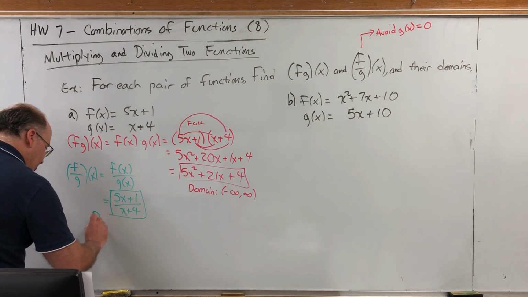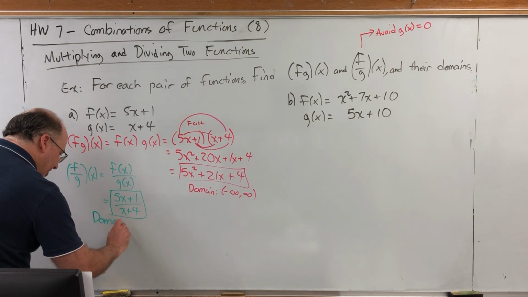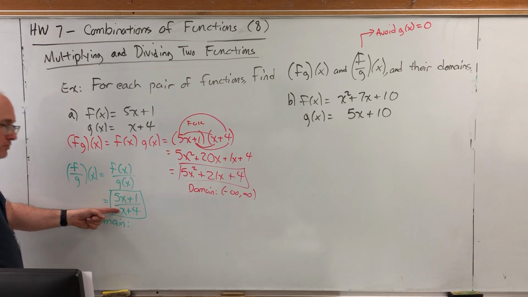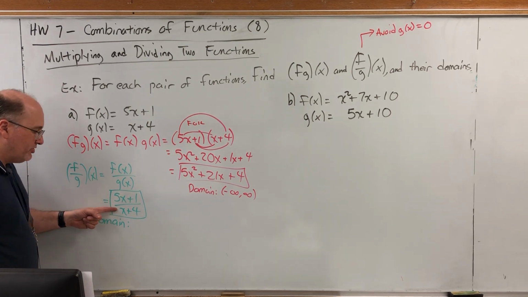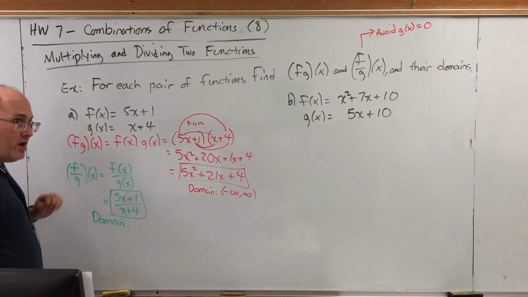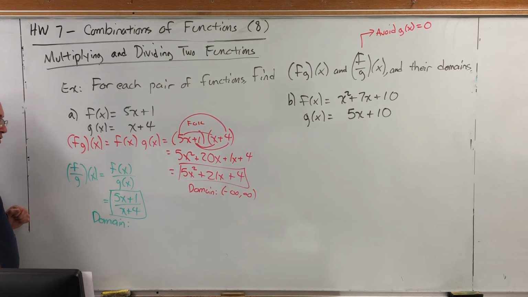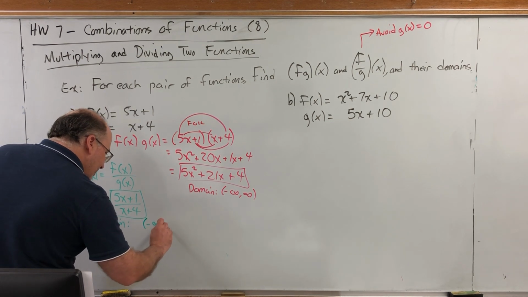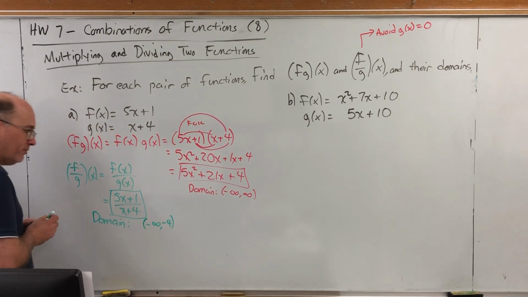So what's the domain of this guy? Wait a second. We just created a denominator where we didn't used to have one. So we just created a new domain issue. What's the one number I can't put in the denominator because it would make it equal to 0? Answer, -4. I need the domain that avoids -4. We'll start at negative infinity and stop it at -4.